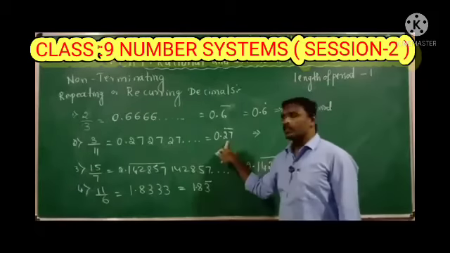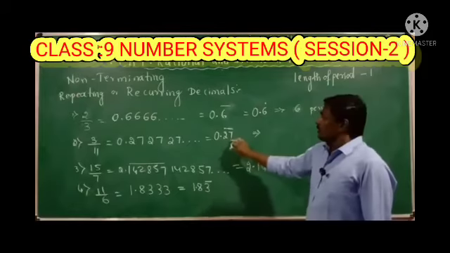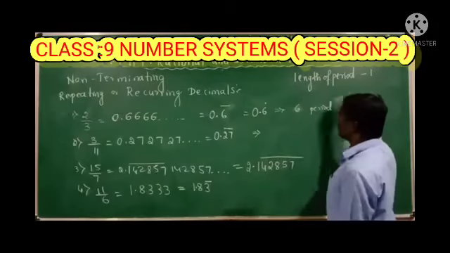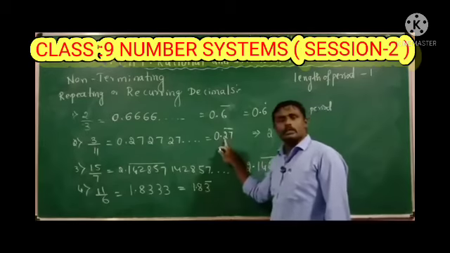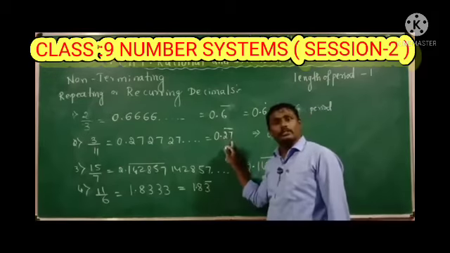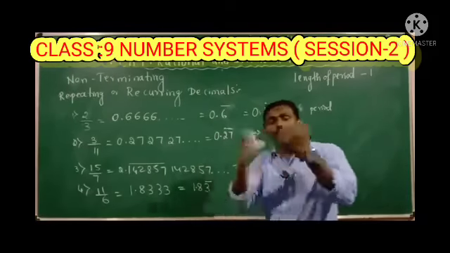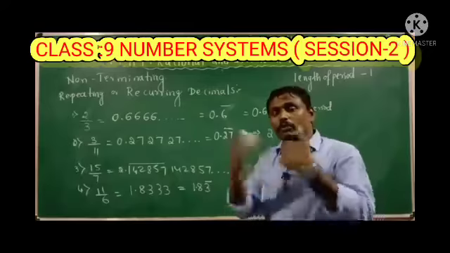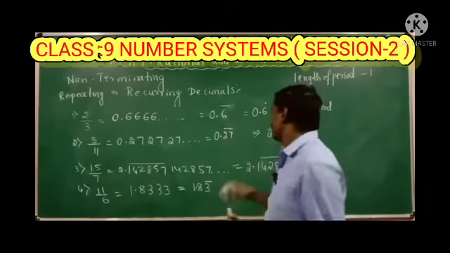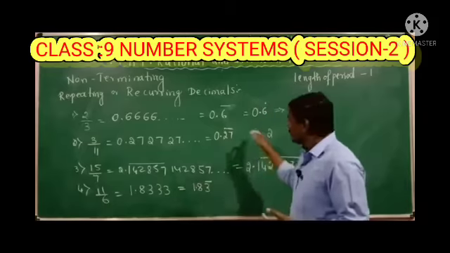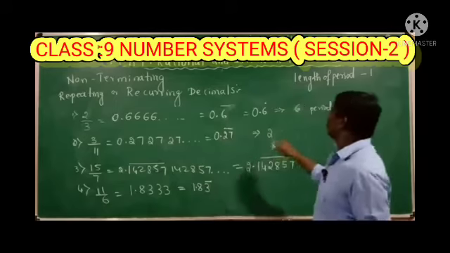But here the length of the period is 2, because the first number is 2 and the second number is 7. So 2 and 7, 2 and 7, 2 and 7. After 2 numbers, the same pattern circulates. Like that, the length of the period is 2.